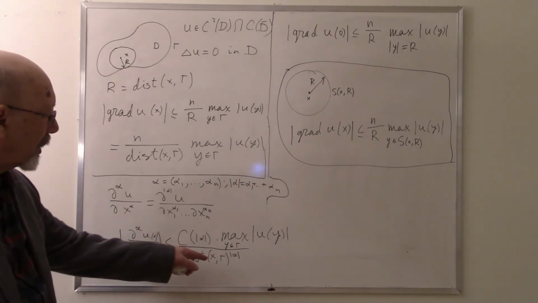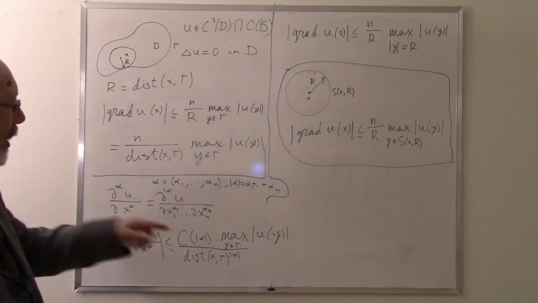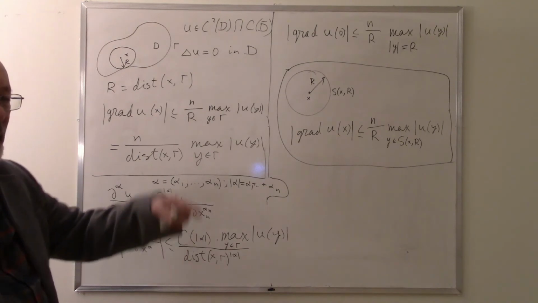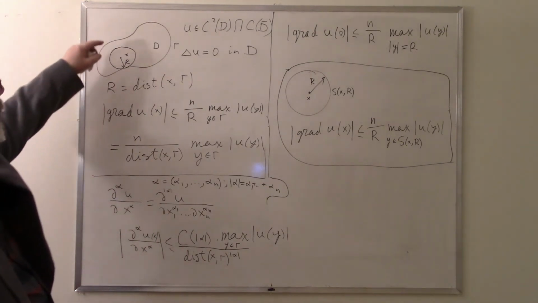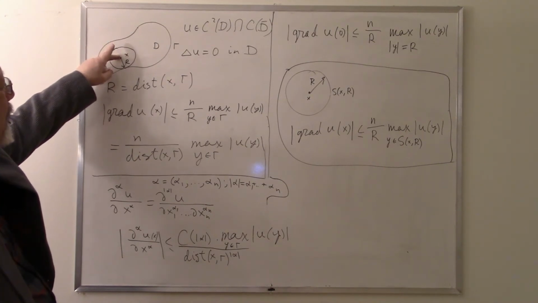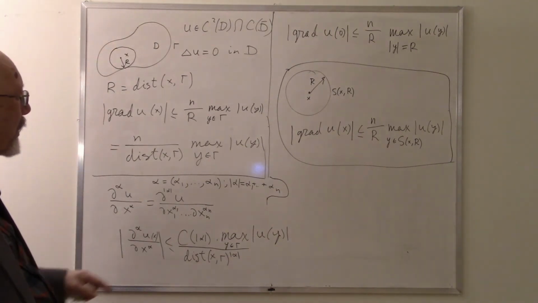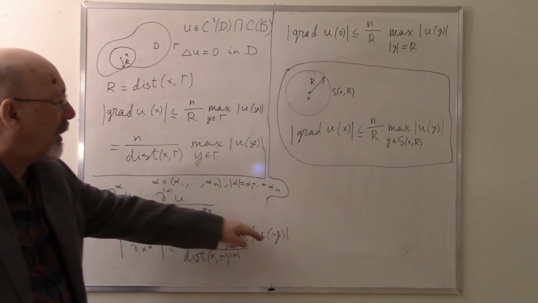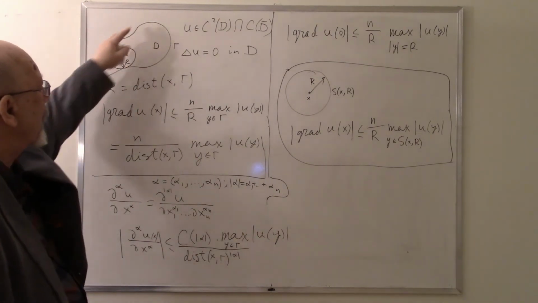Simply I would stress that a derivative of any order of the function u inside the domain at any point is estimated through the values of u without any derivatives on the boundary.